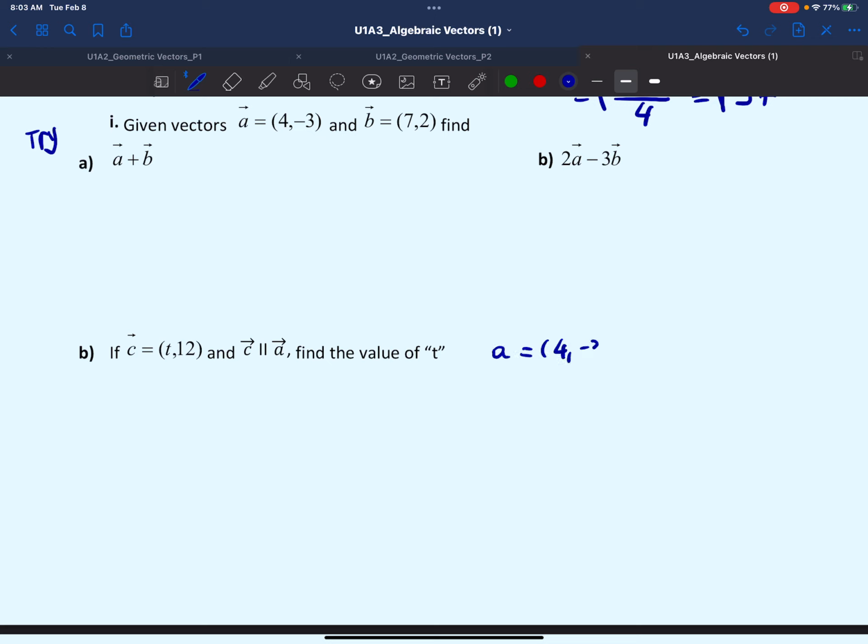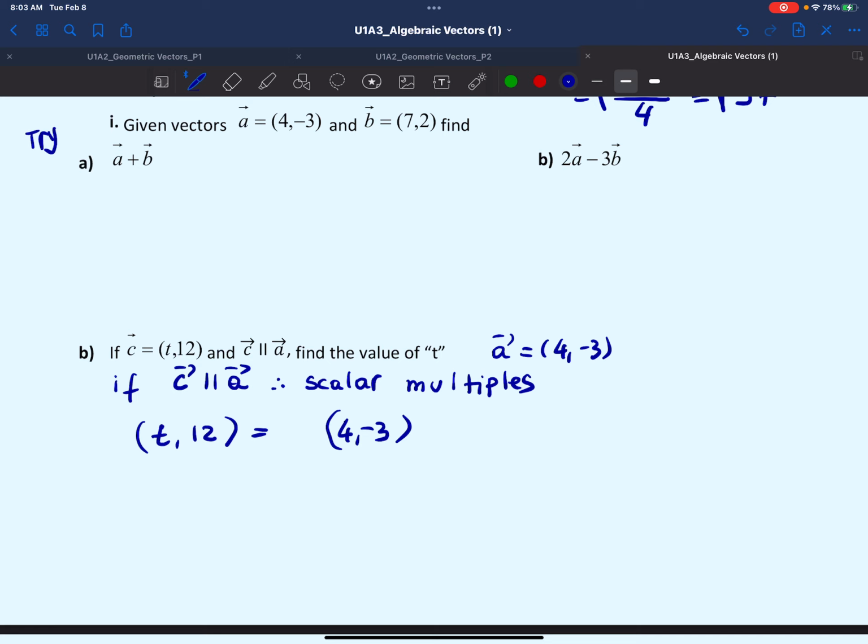Okay, so therefore we're going to say that t and 12 and 4 and negative 3 must be related to each other or connected by some coefficient here, k. So what that means is that we can say that t must be 4 times k. Let me just write one more step in here, actually, just to make it more clear.